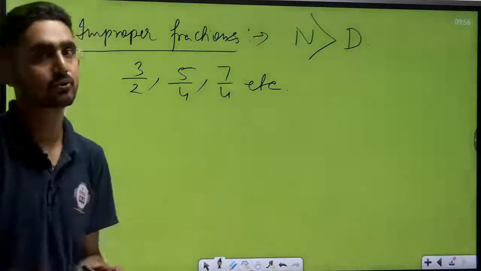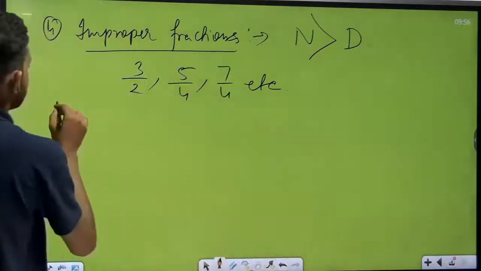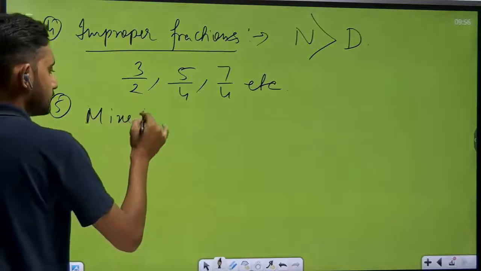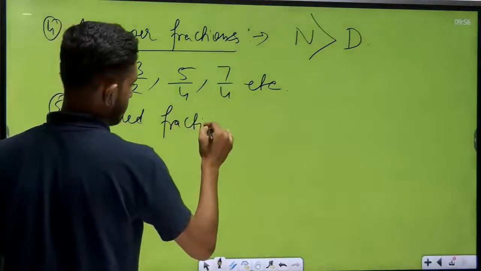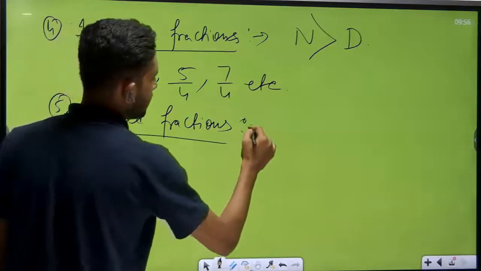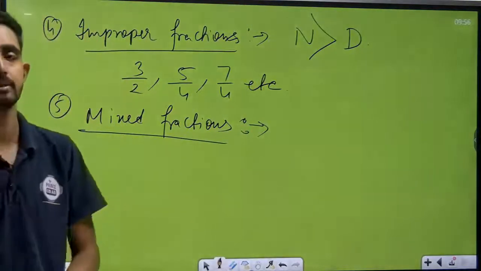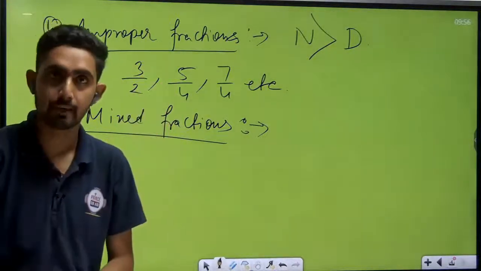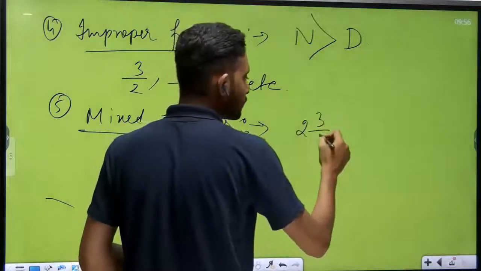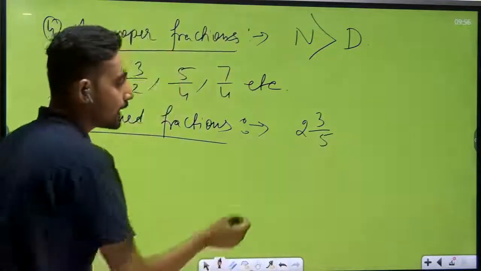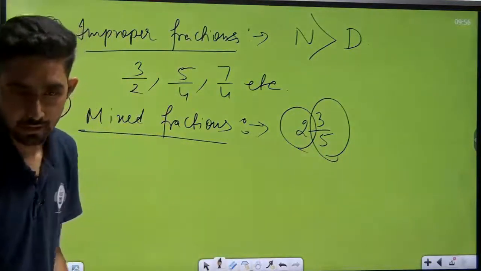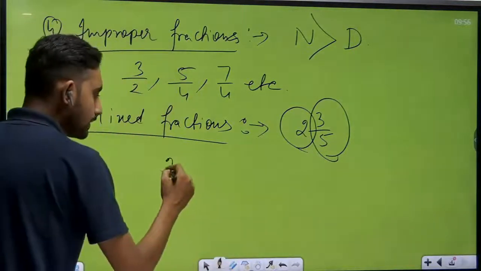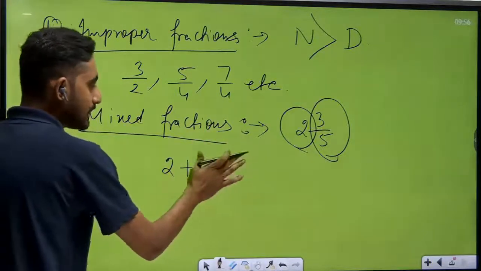Next is mixed fraction. Let's see what is the meaning of mixed fraction. So mixed fractions are those fractions in which, if I write down this format, 2 and 3 upon 5, that means one is a whole number and another is a proper fraction.